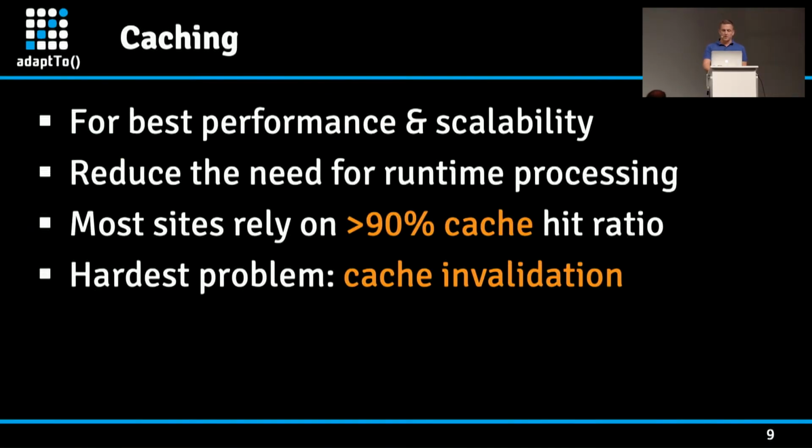Like all AEM websites, we rely upon caching for the best performance and scalability of that site. We wanted to keep the need for runtime processing to the minimum on those sites. So we saw cache hit ratios in the high 90s, let's say, which is not unusual in its own way.